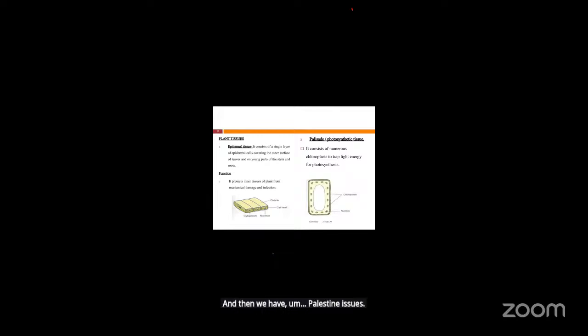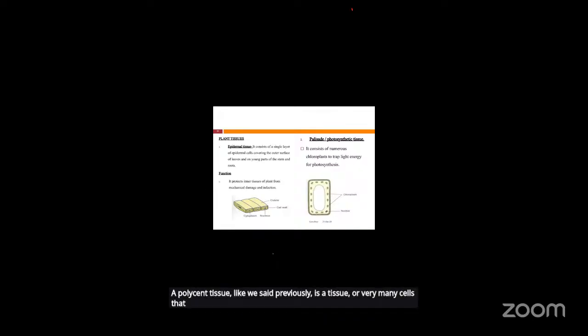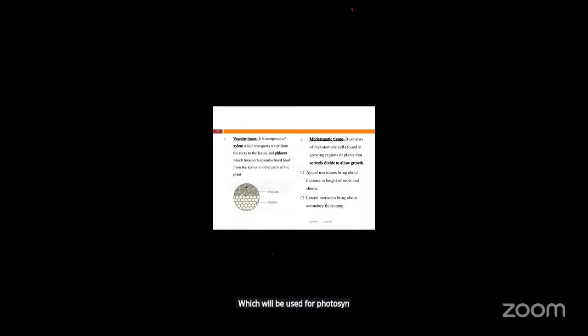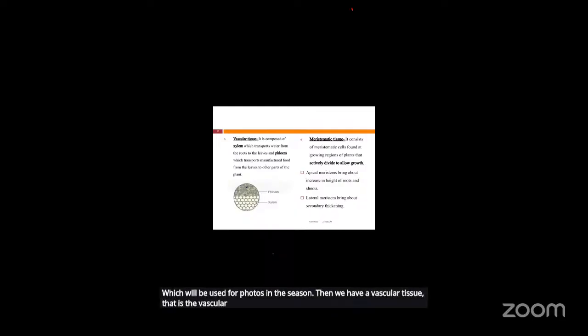A palisade tissue, like we said previously, is a tissue of very many cells that have a lot of chloroplasts, which will be used for photosynthesis. Then we have vascular tissue, that is the vascular bundle, the xylem. It's also a tissue because it is made up of xylem cells and the phloem. So they form that tissue.